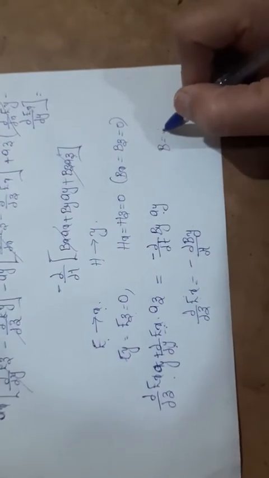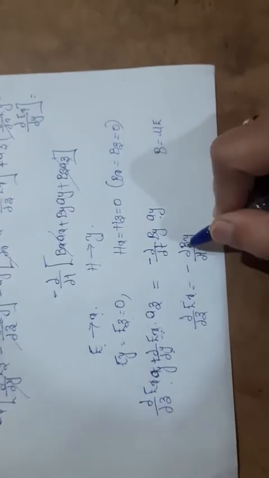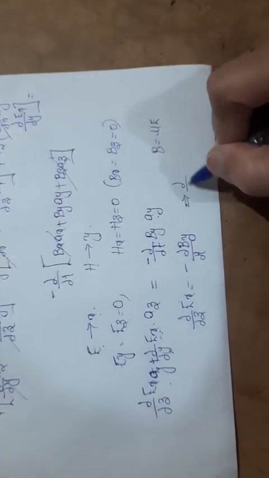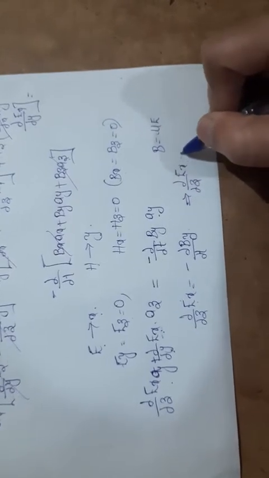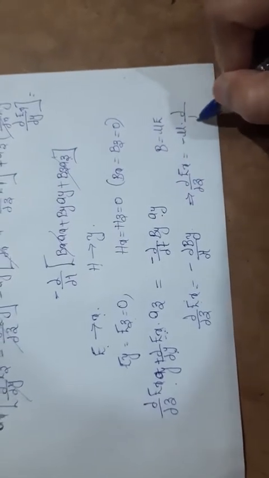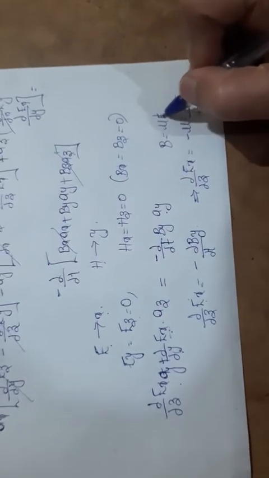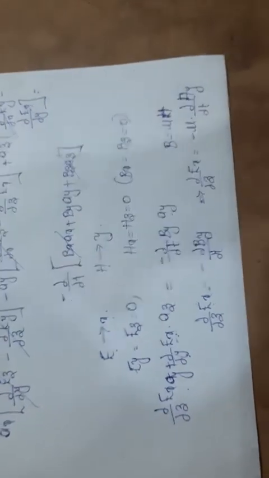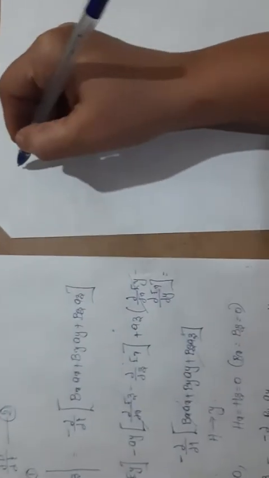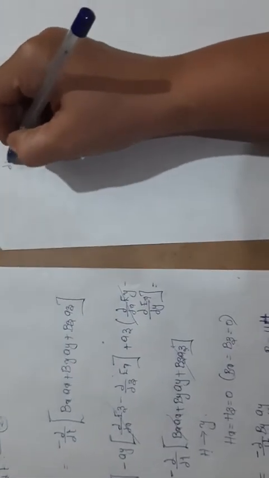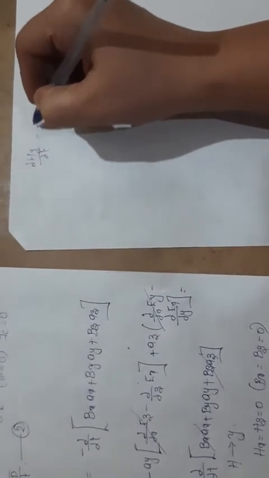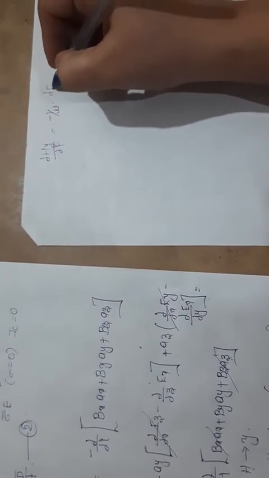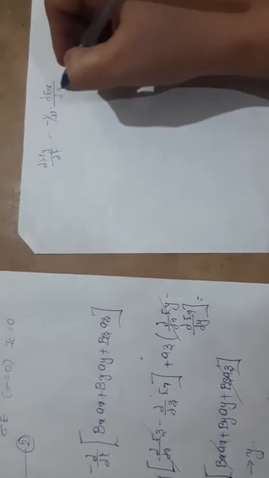As we know that B is equal to mu H, I will substitute here. So dou by dou z of Ex is equal to minus mu into dou by dou t of Hy. From this, write down Hy: dou Hy by dou t is equal to minus 1 by mu dou Ex by dou z. Consider this as equation 3.